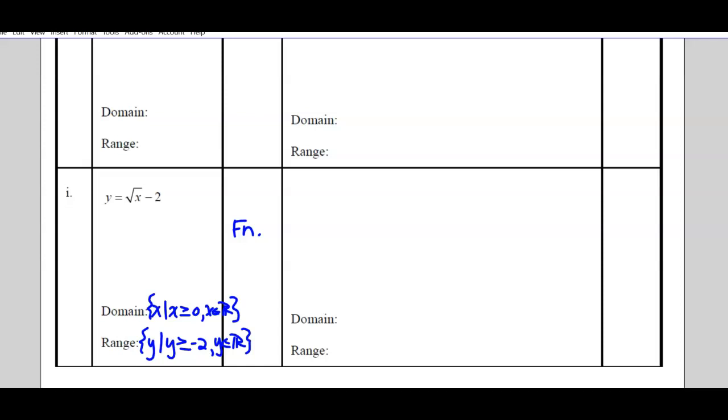Then the inverse. So just be careful here. Interchange x and y. And 99% of the time we want you to solve for y. So get y by itself. Add 2 to both sides, and then you have to square both sides, but when you write the final equation, you have to make sure that you maintain the same description.